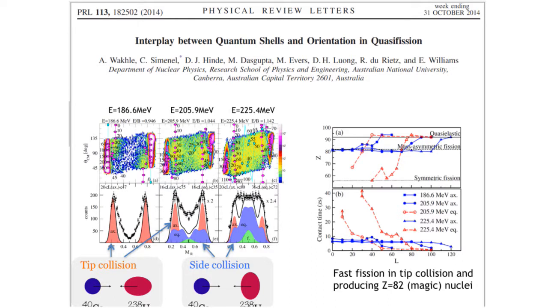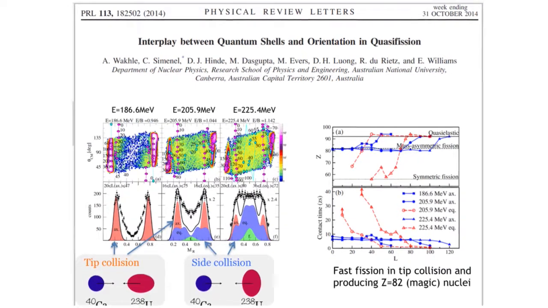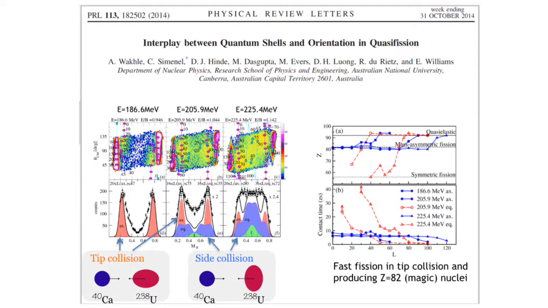And it's a tip collision. Tip collision means the collision of the prolate deformed nuclei in this direction. And the side collision is where the prolate deformed uranium is in this direction. So the low energy reaction is dominated by this tip collision, and the high energy by the side collision.